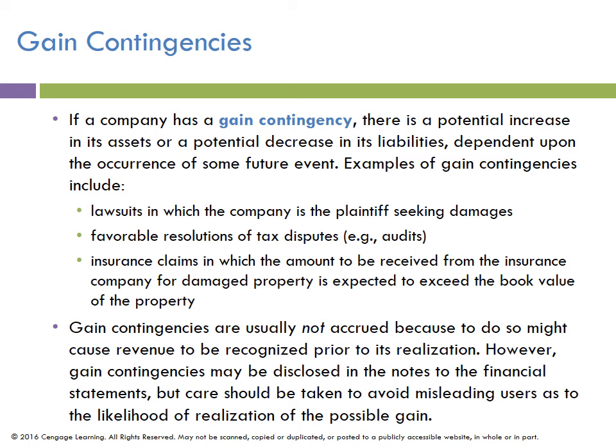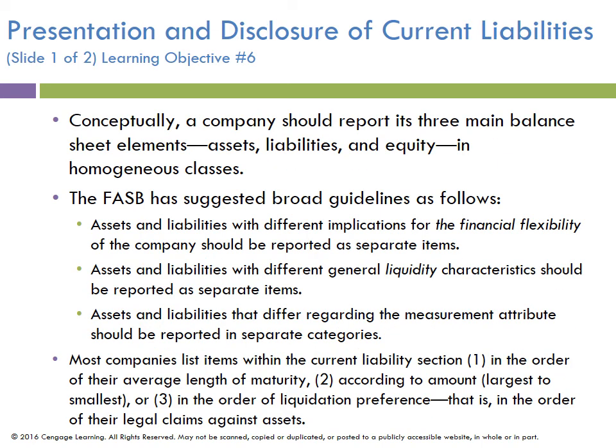If a company has a gain contingency, there's a potential increase in an asset, and there's some examples of when. They're usually not accrued, but they may be noted in the financial statements. So they're not in the balance sheet or income statement, but they're noted in the notes. The rest of this talks about the required note disclosures, and I'm just running out of time with this recording, so you could read through it.